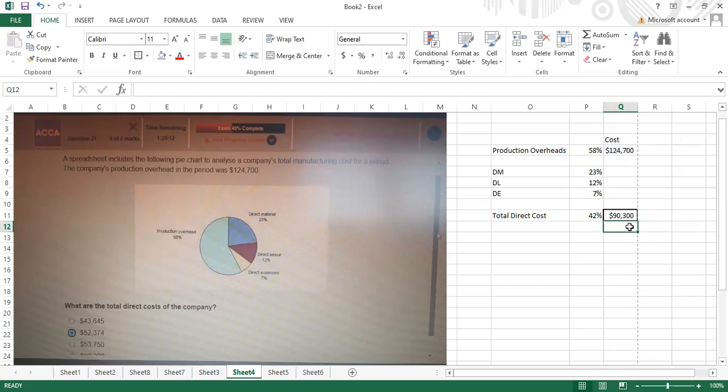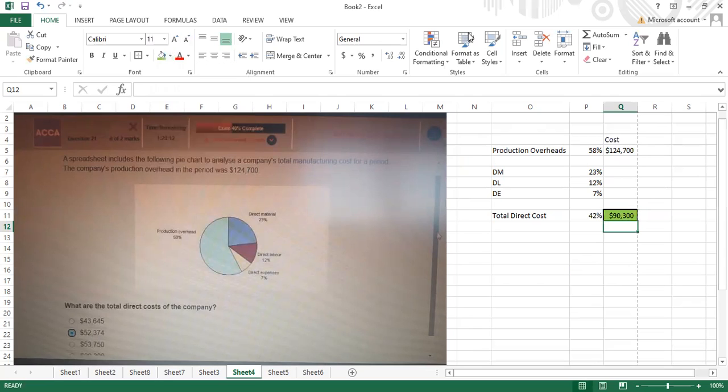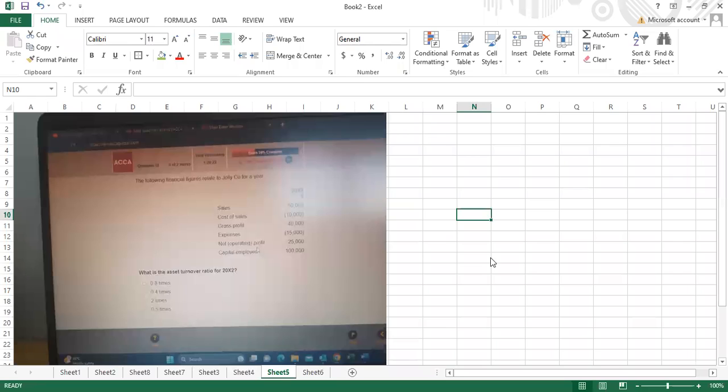It is 90,300, and D is the right answer. Simple. You can easily do it. It's not at all difficult, quite easy. Okay, a very easy one.